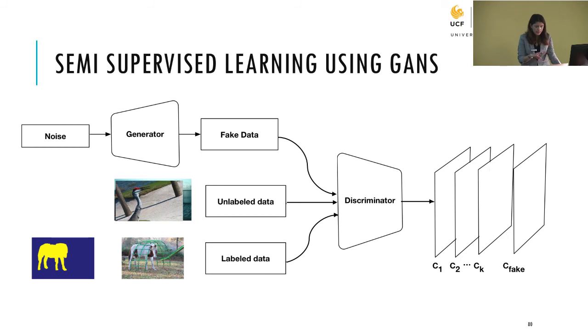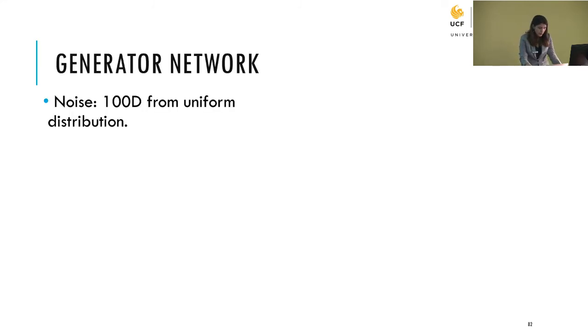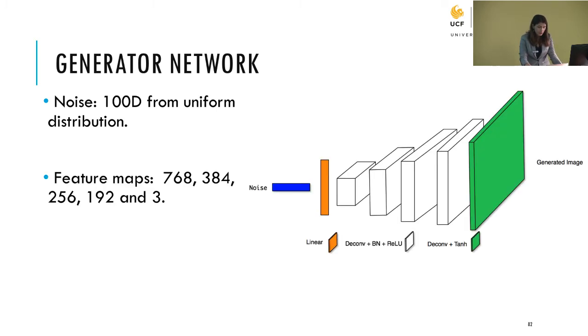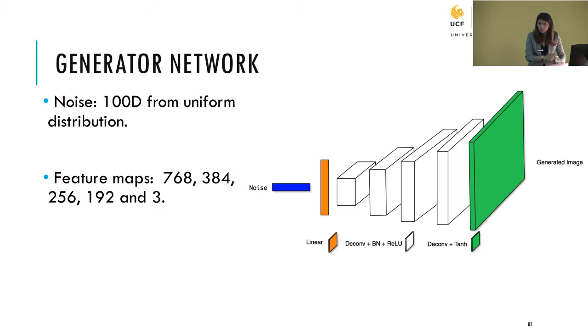So applying the same filters from the discriminator should give similar categories for the unlabeled and labeled data, but they have to be far, and they have to be fake for the generated data. For the generator network, we start with the noise, followed by convolution layers, and we get this generated image. The output is the generated images, not the generated discrimination. Yes.